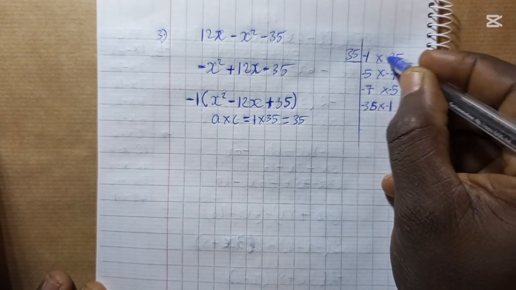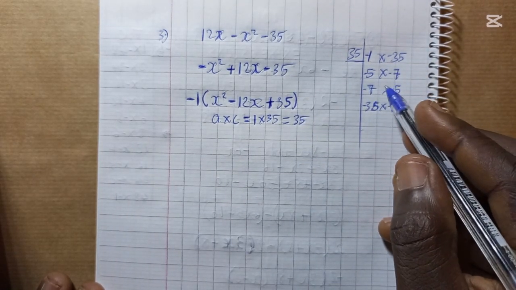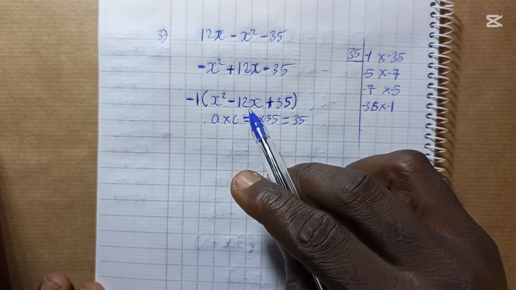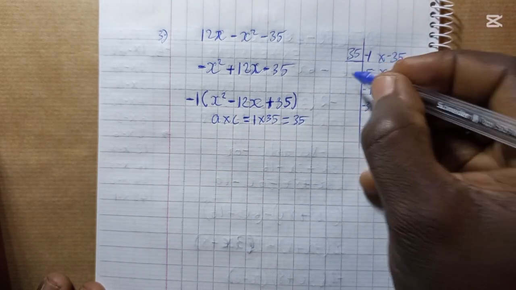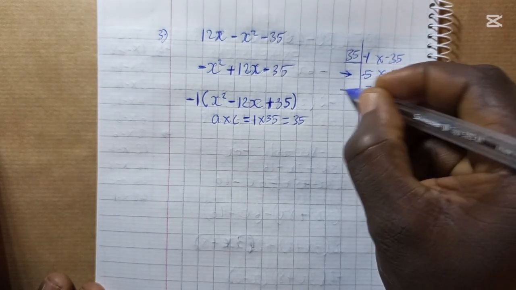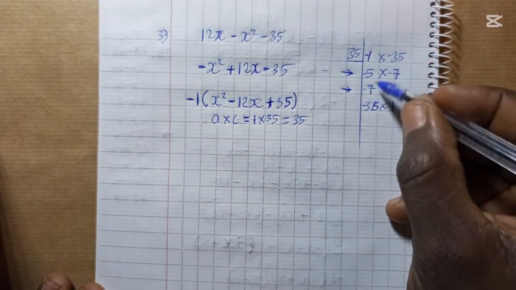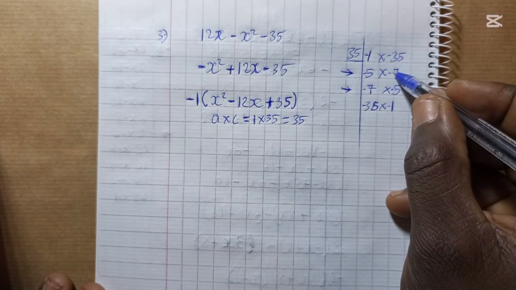So which one can we multiply together to give 35 and add to give minus 12? Minus 5 times minus 7 will give us 35.